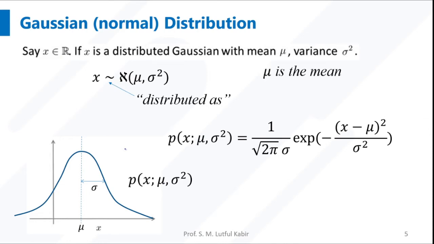Mu is the mean, because whatever the points given, you take the mean, and mu is that point, and sigma is the standard deviation. In some cases we call it sigma square, which is actually the variance, and sometimes we call sigma in place of sigma square, then sigma is actually the standard deviation. The two terms are used interchangeably.